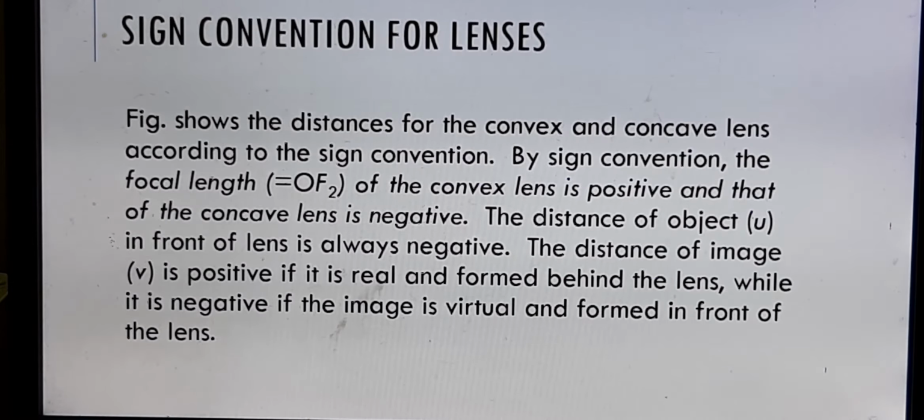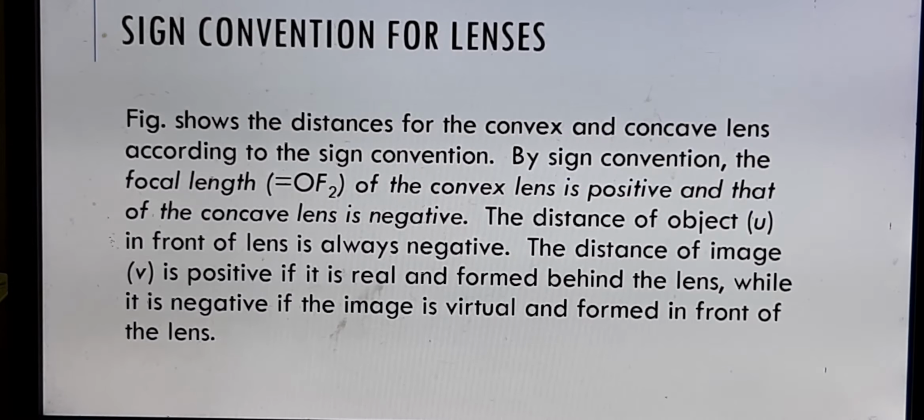Now think about the distance of the object, u. The object is always placed on the left side of the lens. So when we measure towards the left, that will be negative. So remember, for both convex lens and concave lens, the value of u, that is the object distance, is always negative.